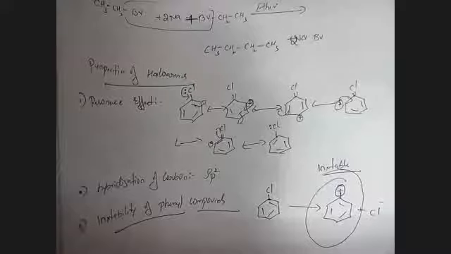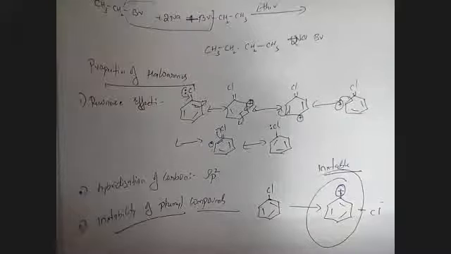Next, high electron density of benzene. This is the fourth property, electron density.